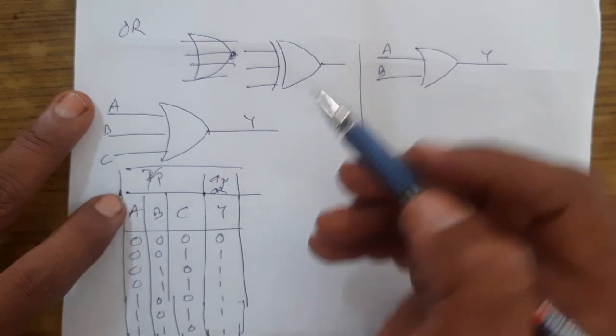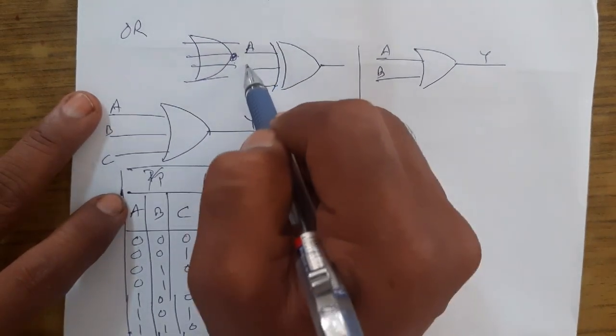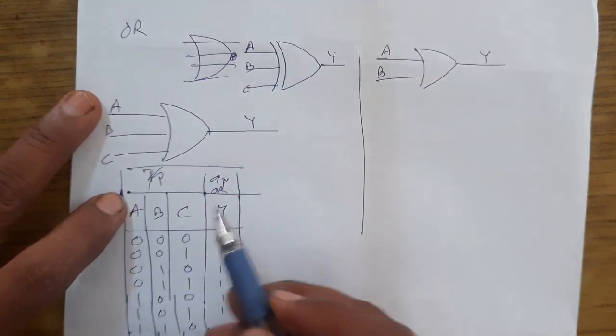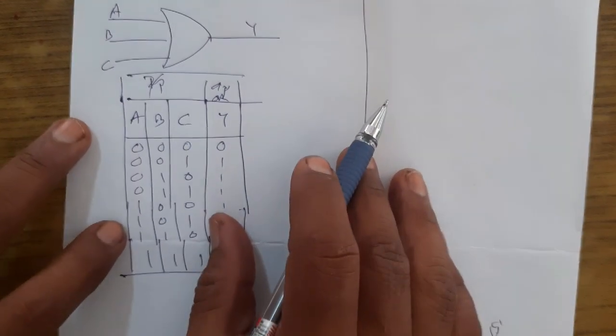This additional line indicates that I am going to exclude certain combinations. Which combinations am I going to exclude?